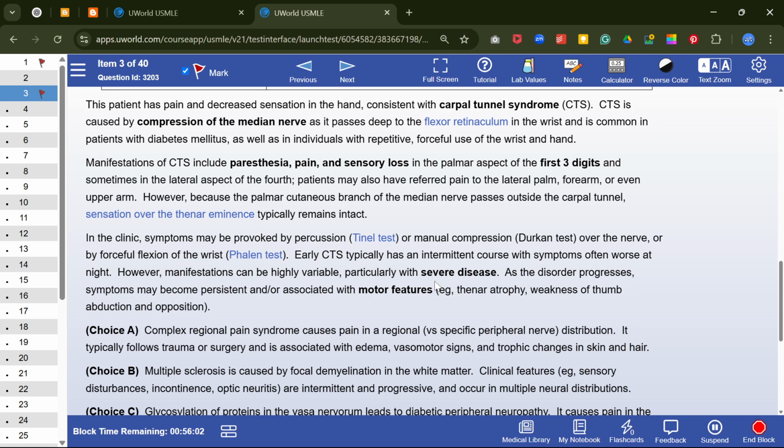However, manifestation can be highly variable. In severe disease, as the disorder progresses, symptoms may become persistent and usually associated with motor features: thenar atrophy and weakness of thumb abduction and opposition.